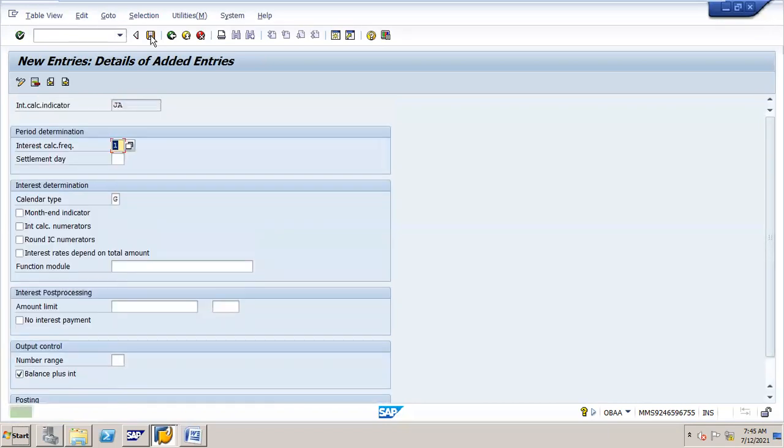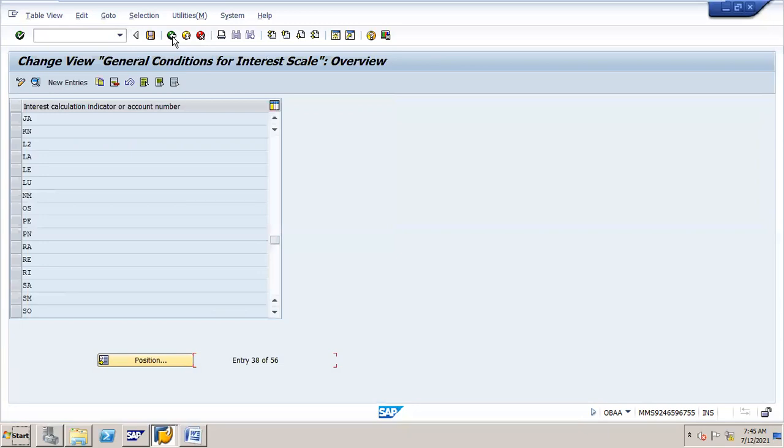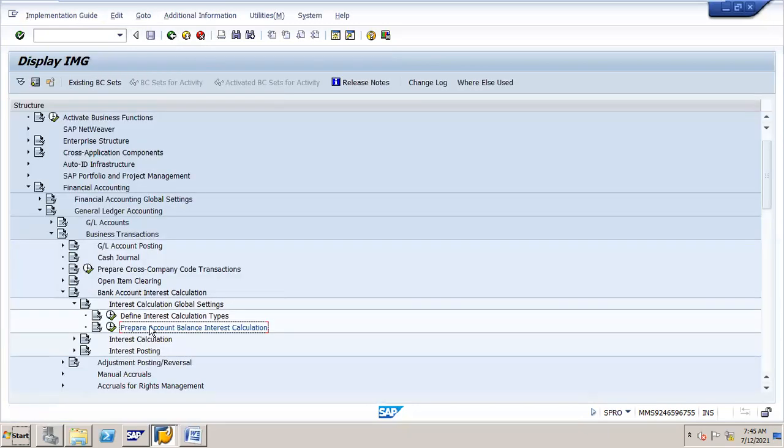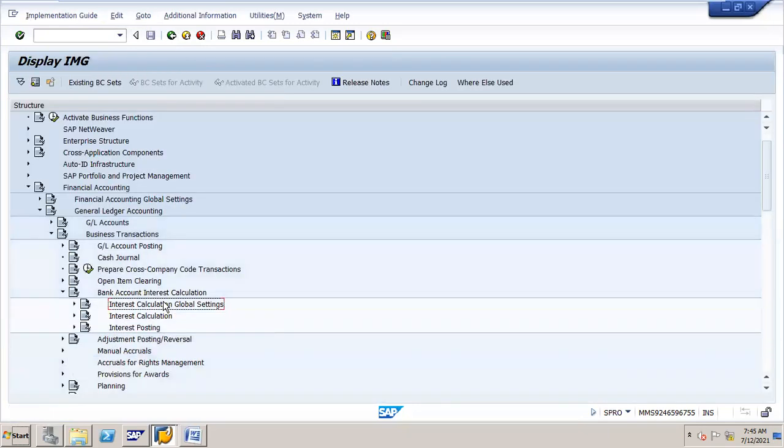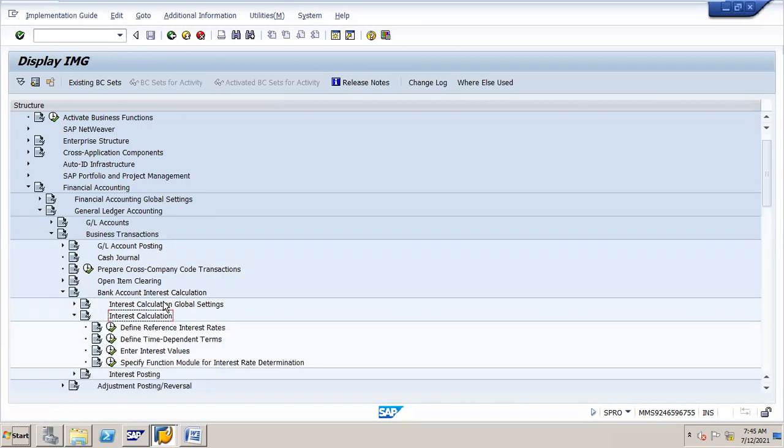Save it in your request. Then the third step: just go back, close this, and just below that, interest calculation, reference interest rates. Before that, I have to maintain the 8% or 10% or 12%, whatever is charged by the bank, right?